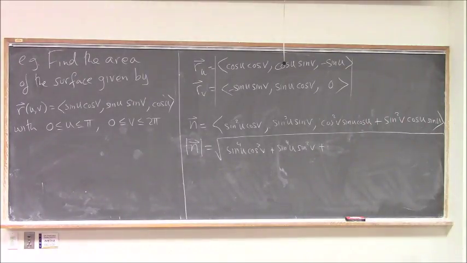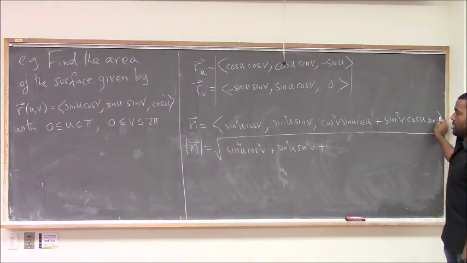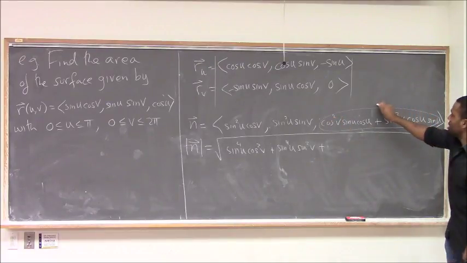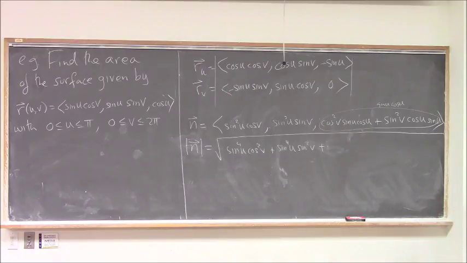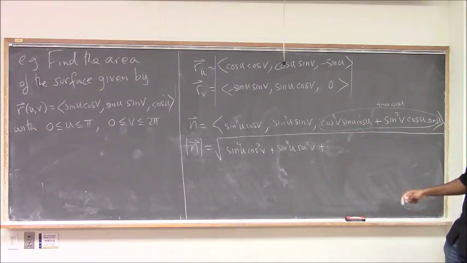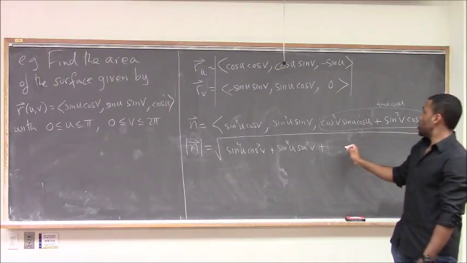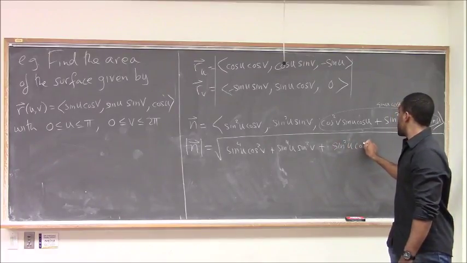Okay, so this whole thing really just is sine u cosine u, by applying the fact that cosine squared plus sine squared is 1. You can factor this out and you're left with that times 1. And so we would square that here. That'd be sine squared u cosine squared u.